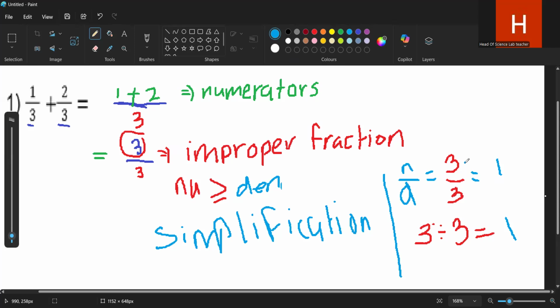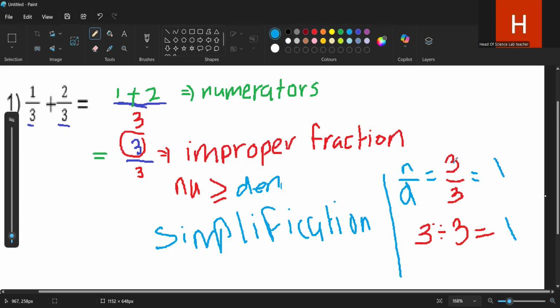So, sorry, I take that back. The thing you have to remember is whenever you're simplifying, you just divide the numerator by the denominator.